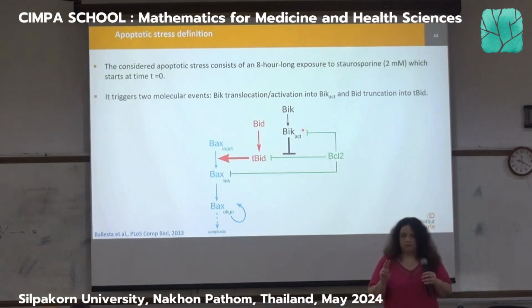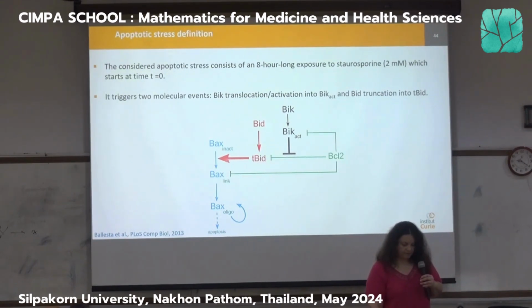Then there is a second thing that is triggered at time t=0, which is the activation of BID. So BID is one type of cooperative protein, and BID will be truncated into T-BID, and this is the second effect that happens at time t=0. Okay, then you have several things.